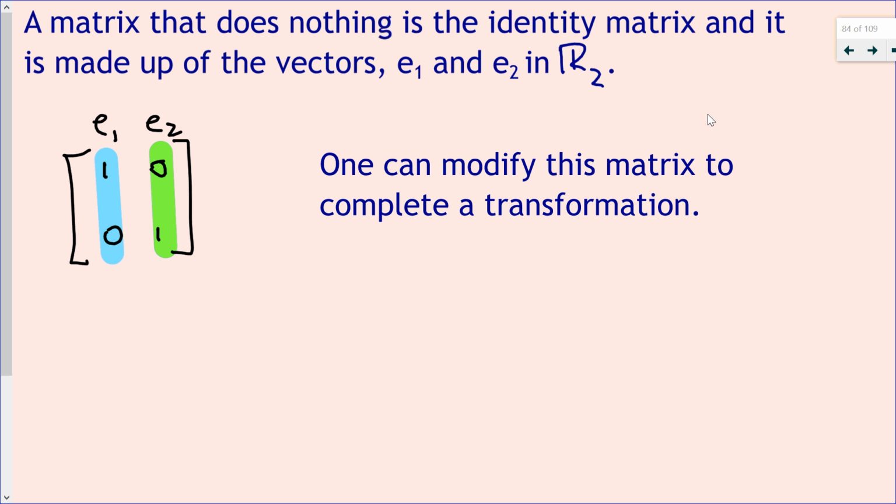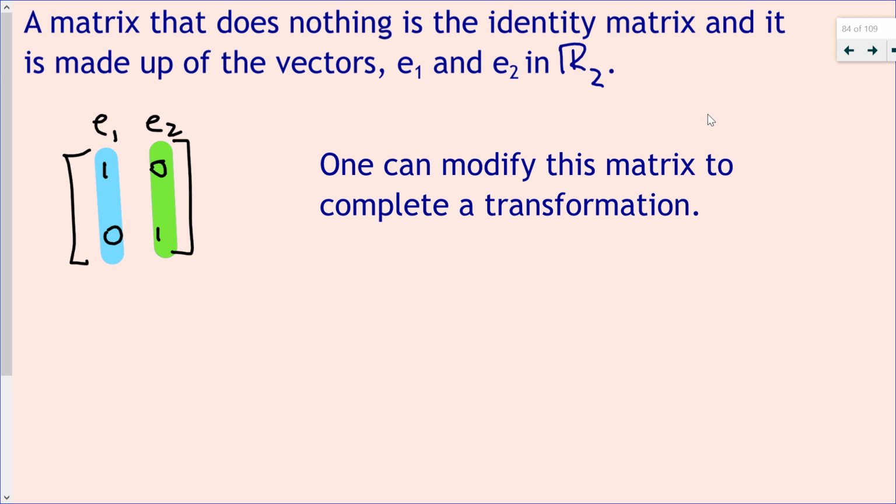So if you want to transform the x component, you transform e1. If you want to transform the y component, you transform e2. And so the way you think of writing a transformation is, what do I want to happen to the x in my image? And what do I want to happen to the y in my image?